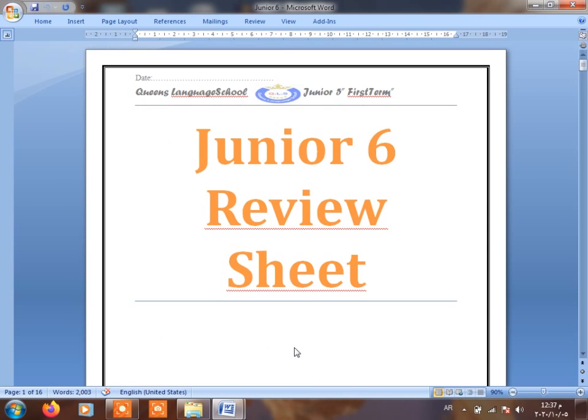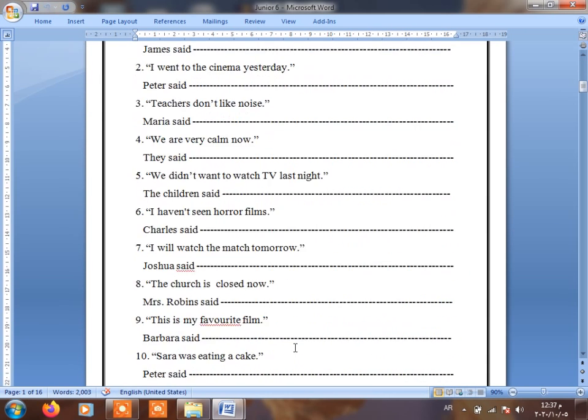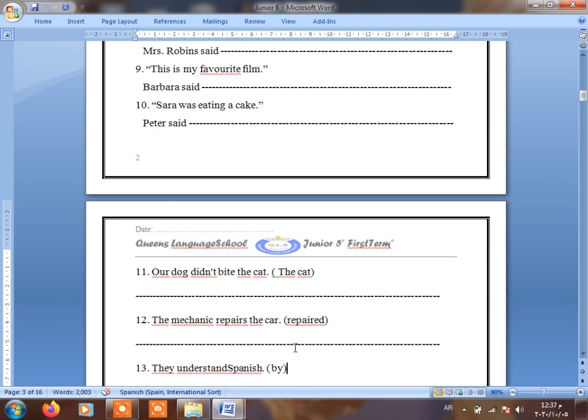So let's start answering. We jump to page number 2, question number 11. Our dog didn't bite the cat. Is this present simple or past simple? Good, it's past simple. So where is the subject? Our dog. The verb is didn't bite and the object is the cat. So I have to start with the object, the cat.